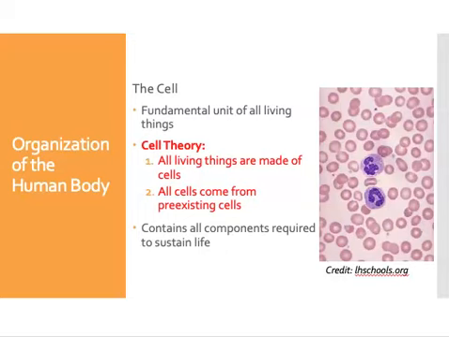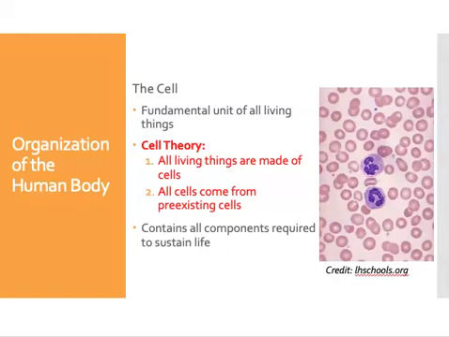All cells are born that way. All cells come from previously existing cells. So cells are the fundamental unit of living things, and inside of cells we will find all of the components that are needed in order to keep that cell or that organism alive.